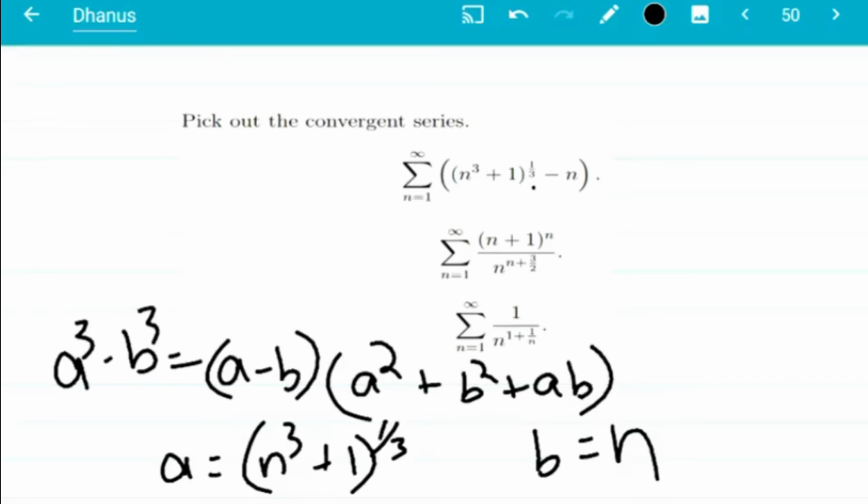Multiply and divide the term by a square plus b square plus ab.